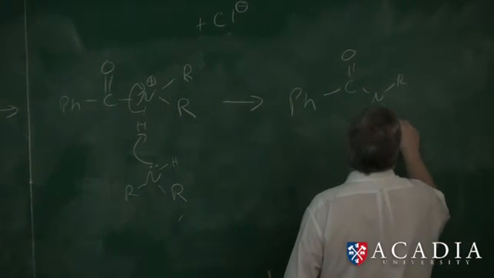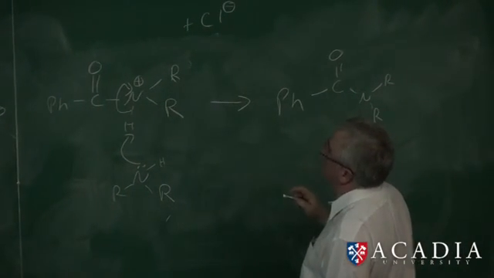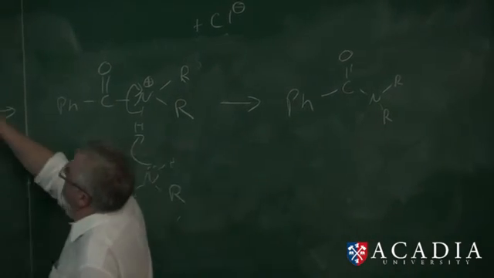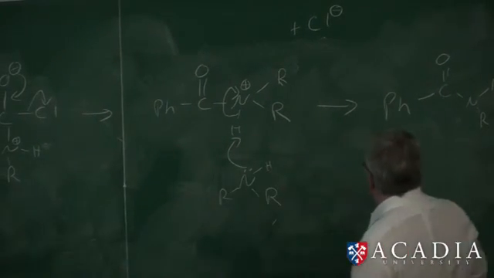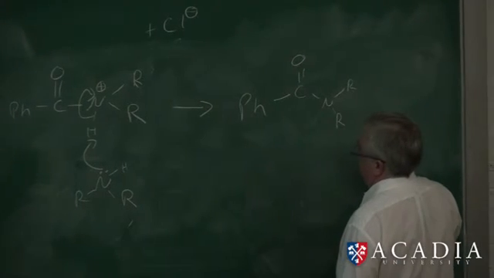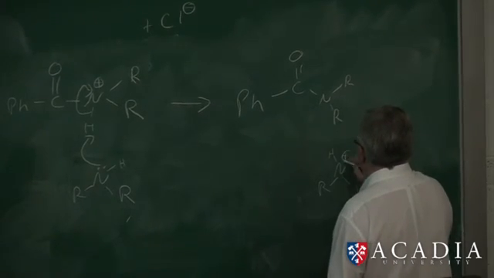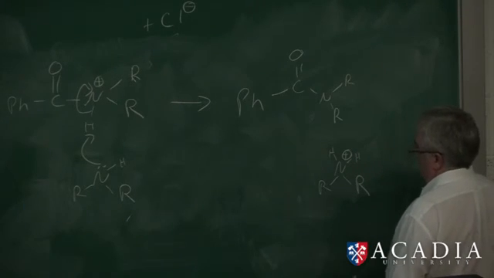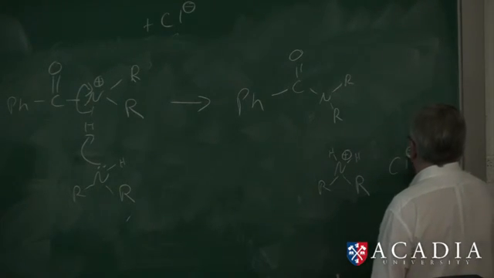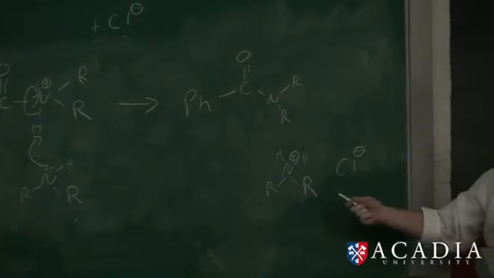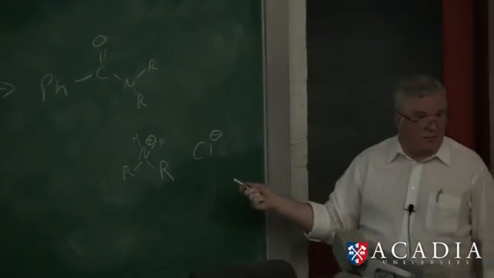Should there be arrows on that chlorine in the second structure? Yes. So we end up with this ammonium chloride salt for our final product.